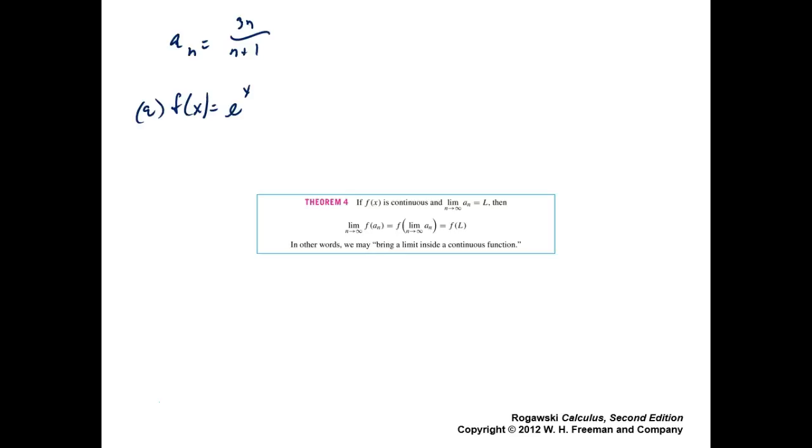Well, got a little bit of work to do here. First, we need to figure out what the limit as n goes to infinity of a sub n is, which would be the limit as n goes to infinity of 3n over n plus 1. Now, remember my suggested technique for taking a limit as n is going to infinity when you have n in the numerator and denominator.